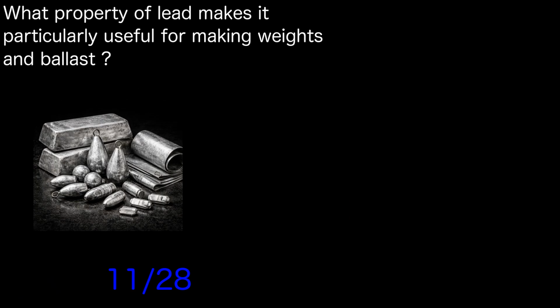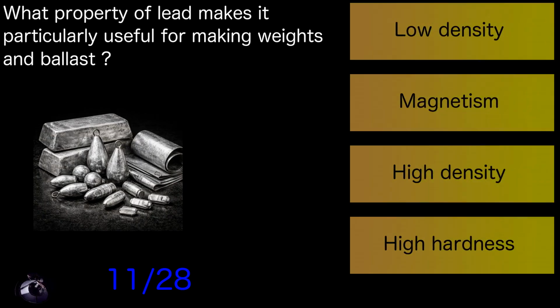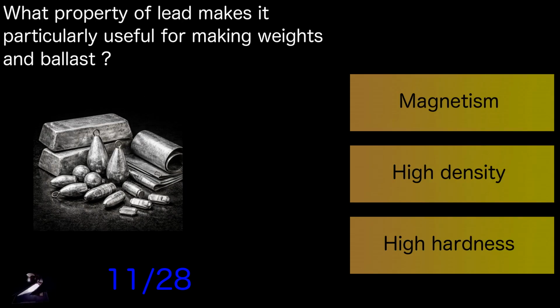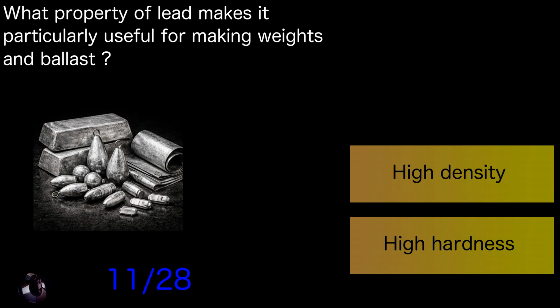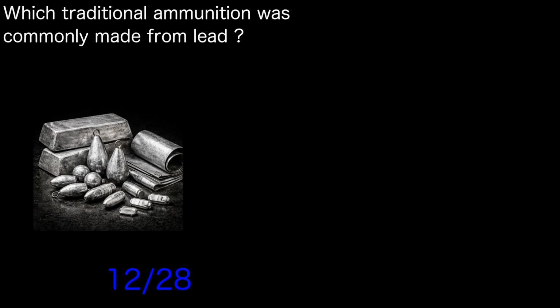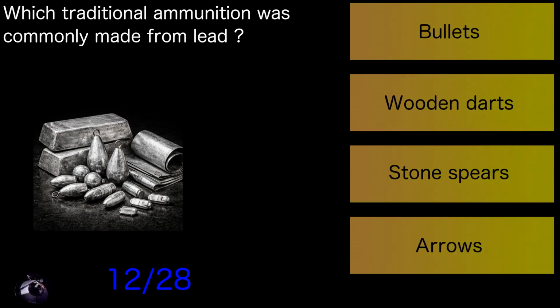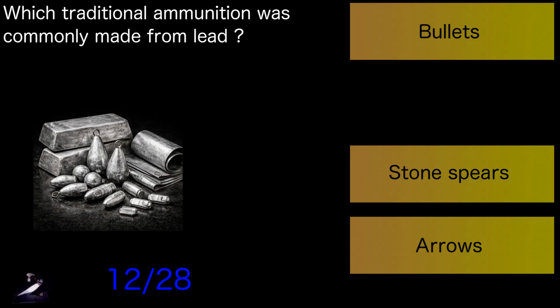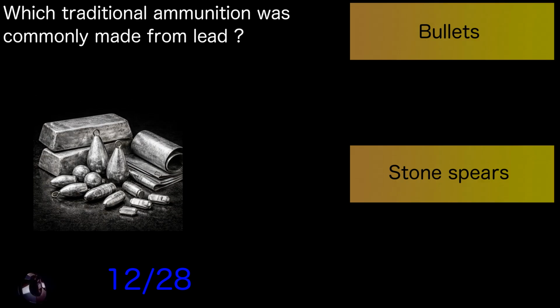What property of lead makes it particularly useful for making weights and ballast? High density. Which traditional ammunition was commonly made from lead? Bullets.